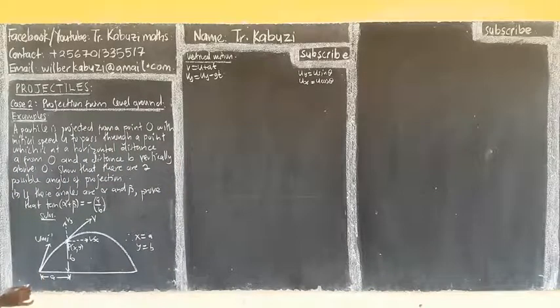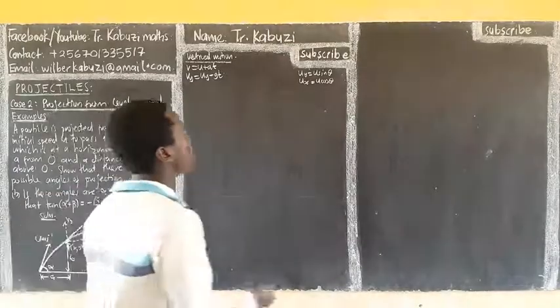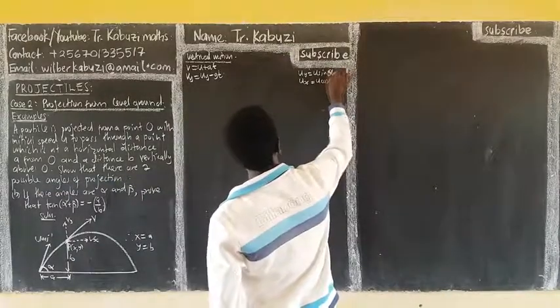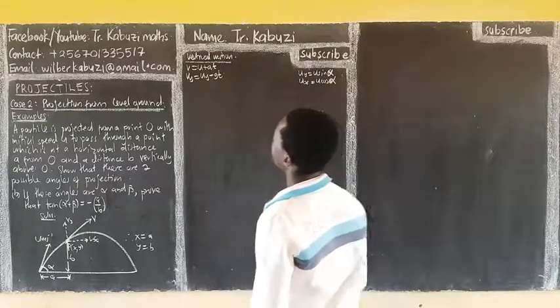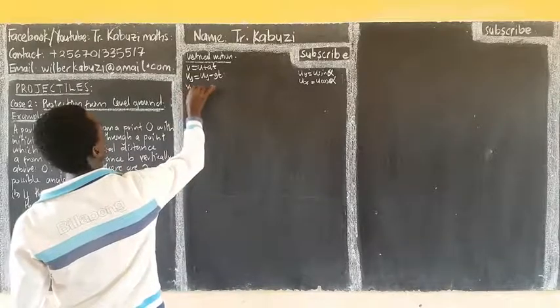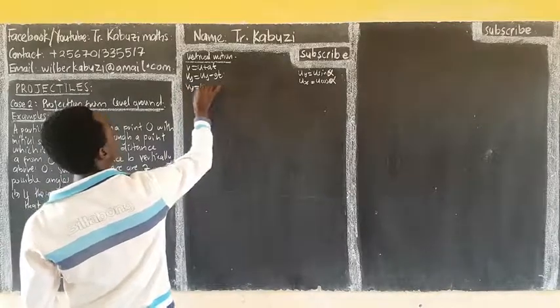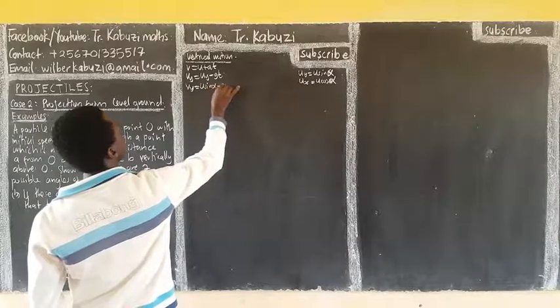So if this is our angle, let us call this angle alpha, the angle of projection. Then this one is going to be u cos alpha, and this one is u sine alpha. So my Vy will be u sine alpha minus gt.